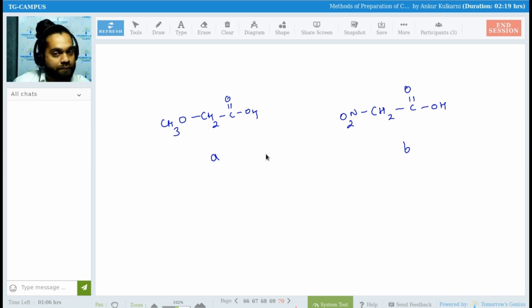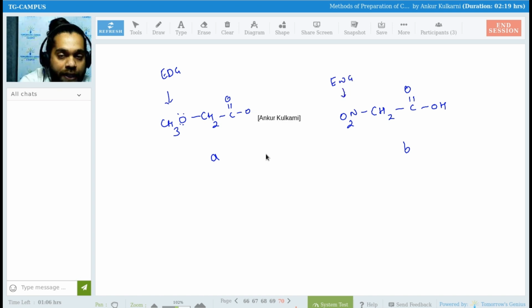Sir, I think B, sir. Hmm? B. Why? Yes, exactly. NO2 decreases the electron density. Over here, this is your electron donating group, Prashanti, and this is your electron withdrawing group. So what is happening, Sasidaran? If I donate the H, what charge will come on oxygen?